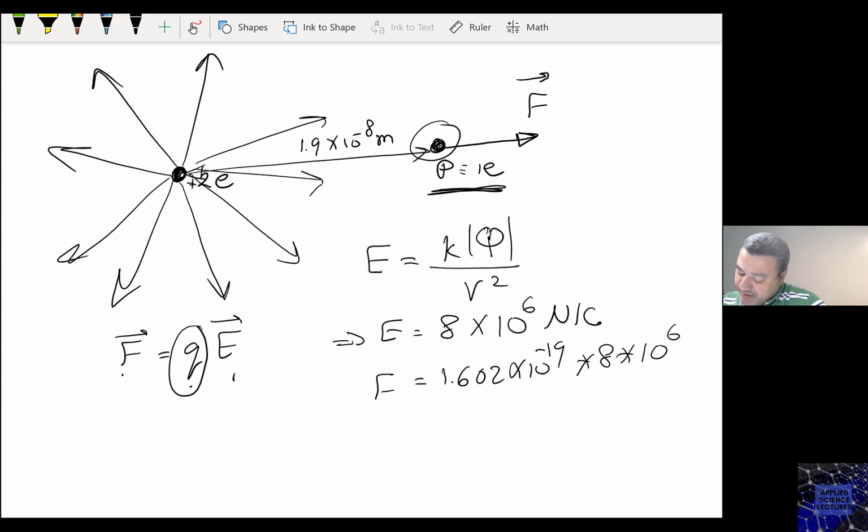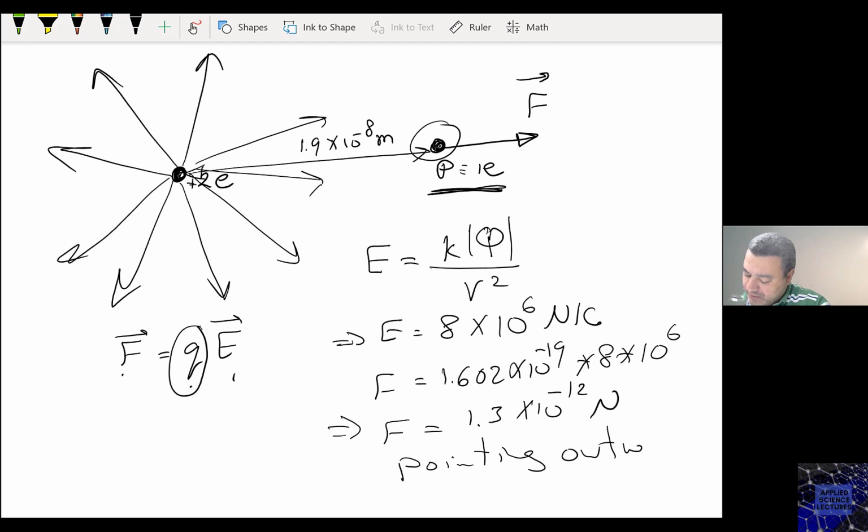So this is E, this is F, then F equals 1.3 times 10 to the power minus 12 Newton and pointing outward. So this is the magnitude.